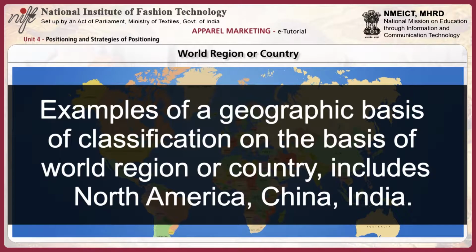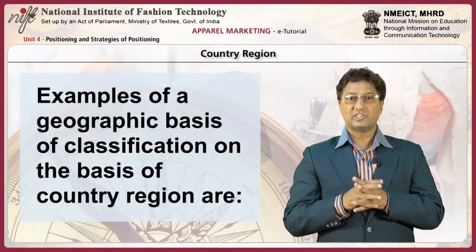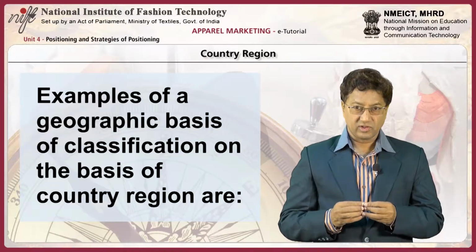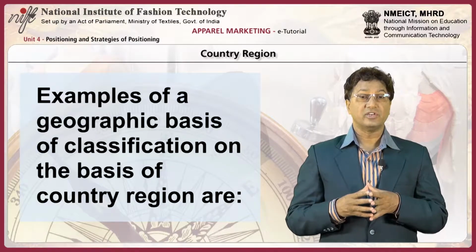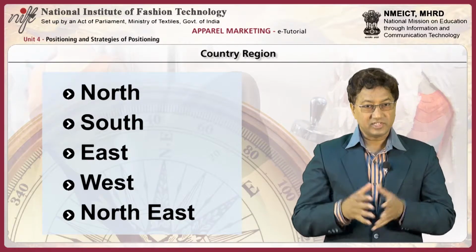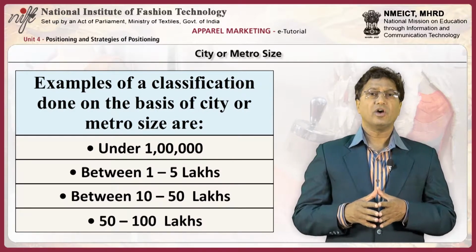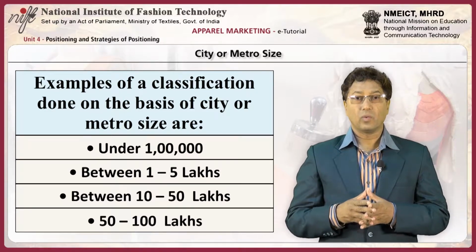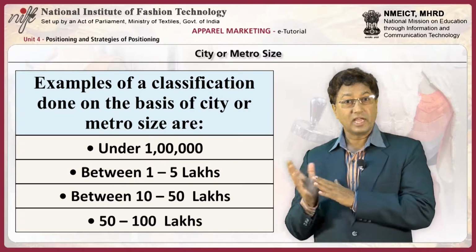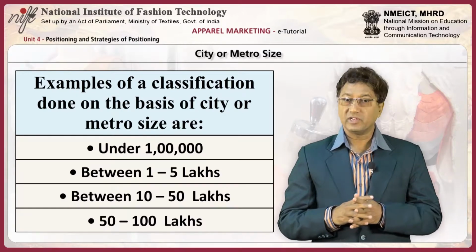The examples of a geographic classification on the basis of world region or country include North America, China, India, etc. The examples on the basis of country region are north, south, east, west, northeast, etc. The examples of classification on the basis of city or metro size are under 1 lakh population, between 1 to 5 lakh, between 10 to 50 lakh, or 50 to 100 lakh population.